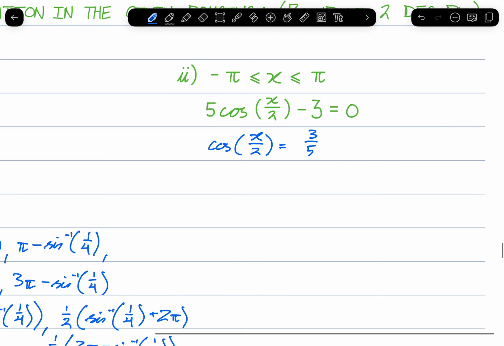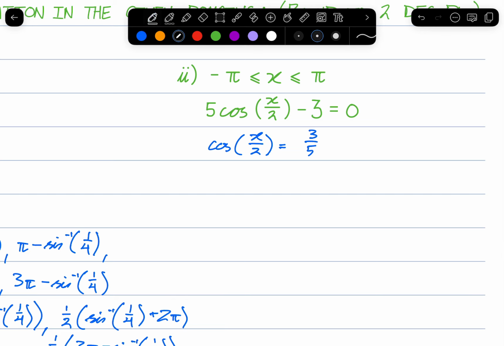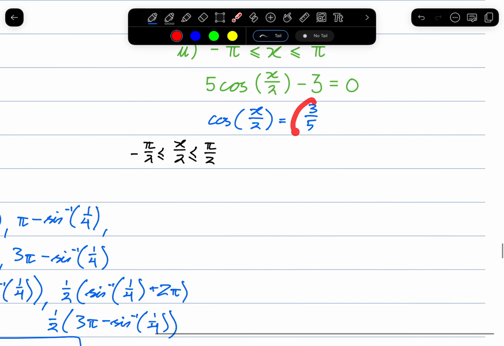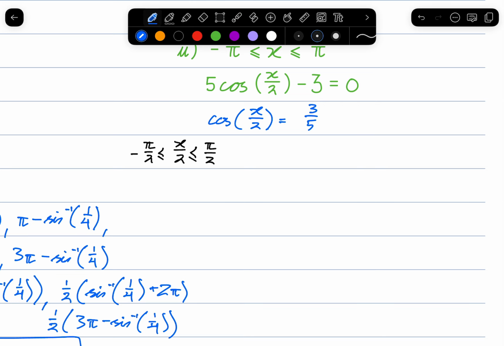So the domain that we're checking is going to be from negative pi on 2, x on 2, until positive pi on 2. And since this is positive cos, we get x on 2 equals cos inverse of 3/5.